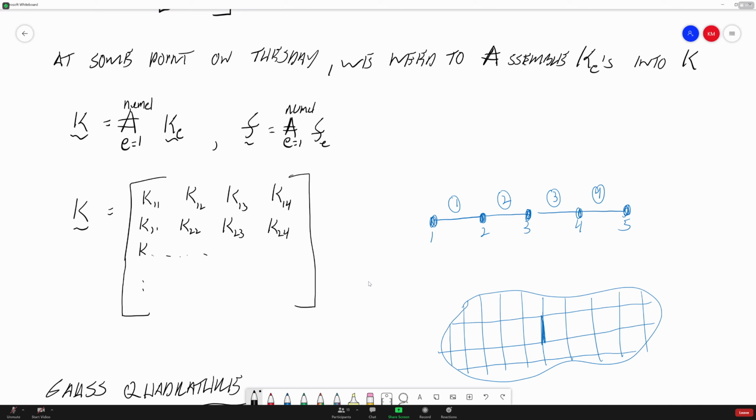So that's kind of the general process. There's still quite a bit more to go before you could sit down and start plugging this into code, but we're close.